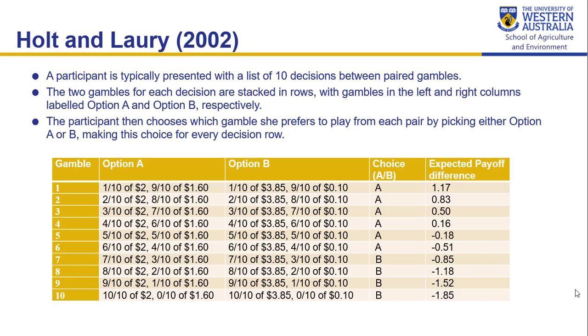However, the safer choice is usually option A, except for gamble number 10, because of the lower variability. Now, these are my selections. I have selected option A, the safe choices, from 1 to 6, and option B from 7 to 10. What does this tell about my risk attitude?